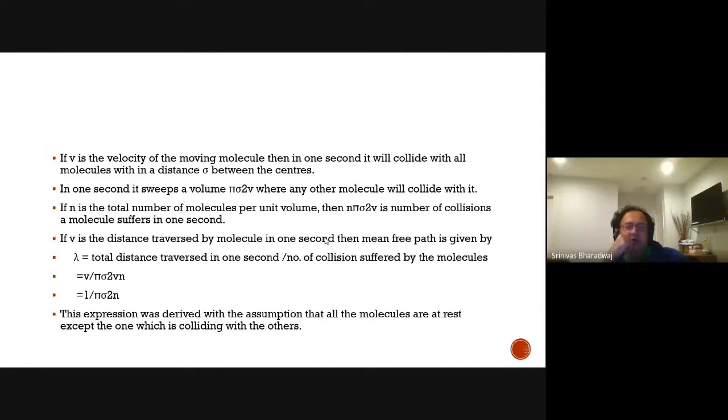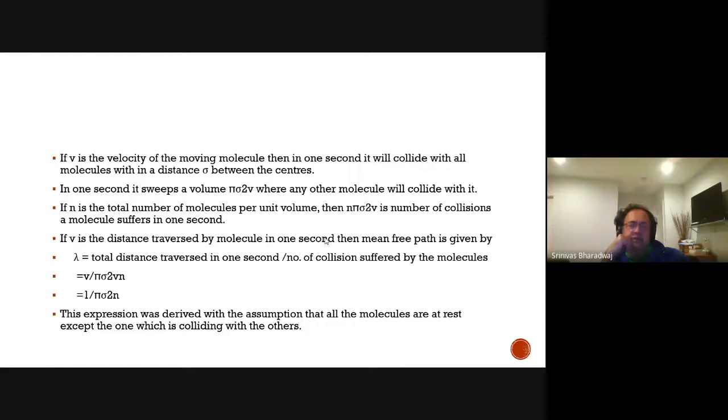The mean free path is equal to the total distance traversed in 1 second divided by the number of collisions. Therefore, you end up with 1 by pi sigma square n. So 1 by pi sigma square n will give you the mean free path. That is assuming a cylindrical model, right?